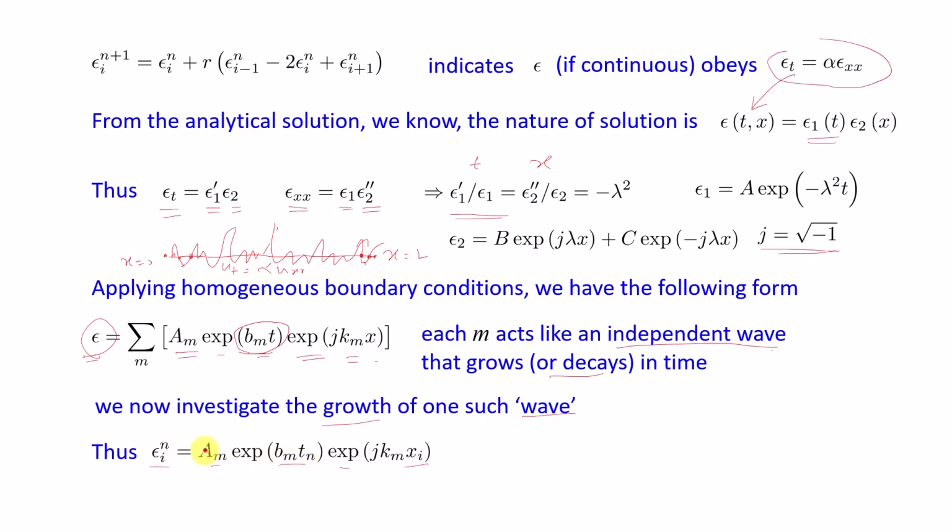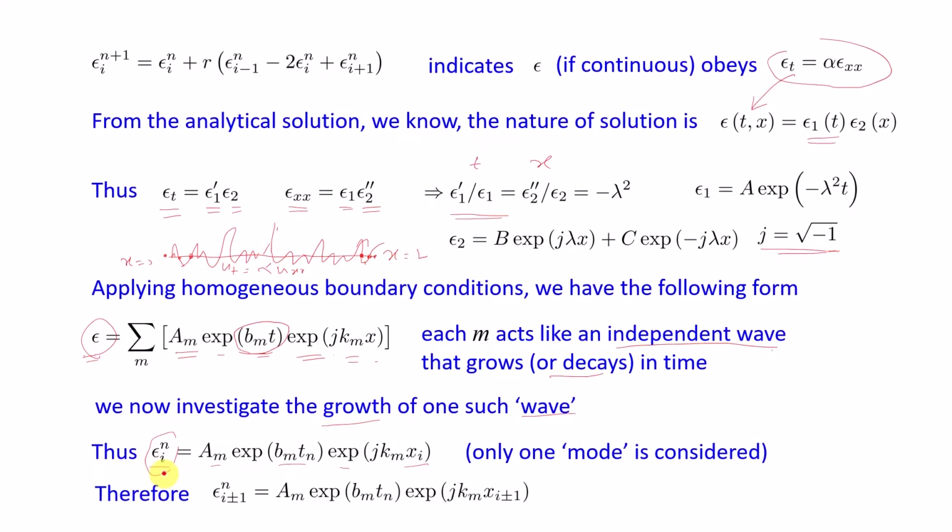This is a summation of series, of course, but I am taking only one such wave, one term from that series. So if this is my epsilon_i^n, then this is only one mode that I am considering. From this I can find the mode adjacent to it, and from there we'll be able to establish an expression of g, that is the growth factor.